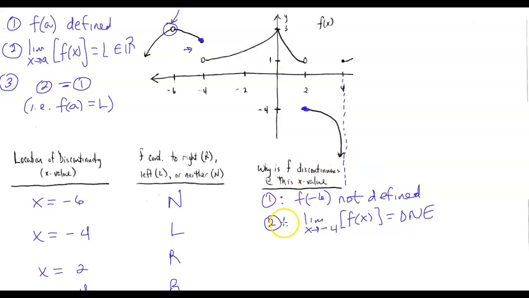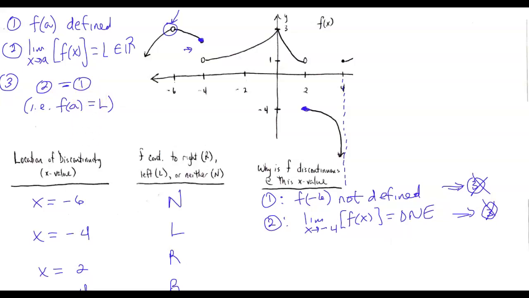Now, anytime criterion number 1 or number 2 is violated, by default, number 3 will be violated as well, okay? And so I'm not really worried about stating number 3 on these, just because, hey, if 1 and/or 2 are violated, of course 3 is automatically going to be violated.